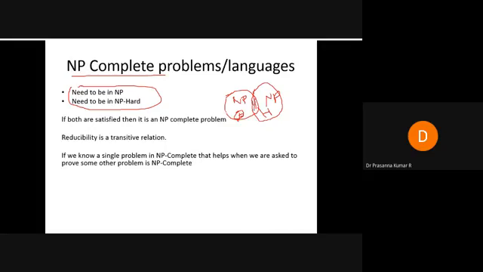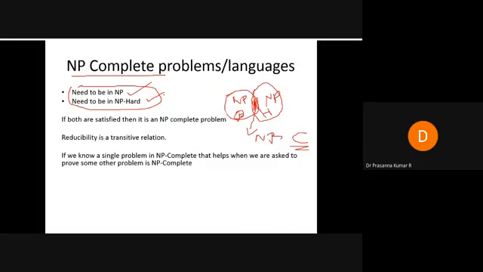So this intersection between this NP and NP hard, we call it as NP complete. It needs to be in NP, and it should be in NP hard also. So NP complete problems are problems that live in both the NP and NP hard classes.